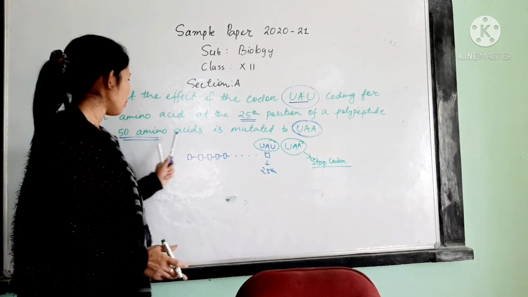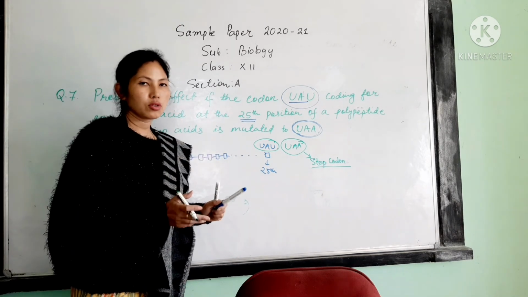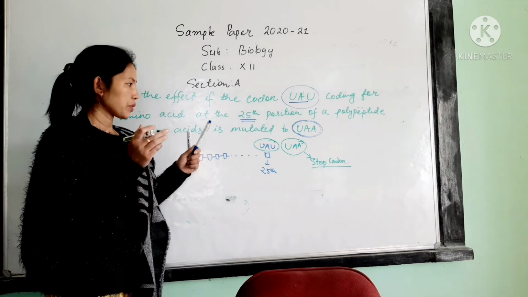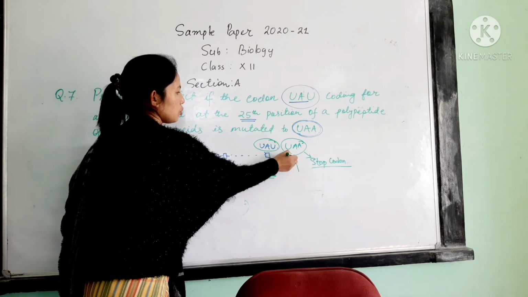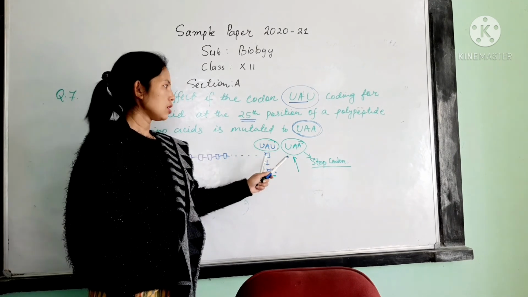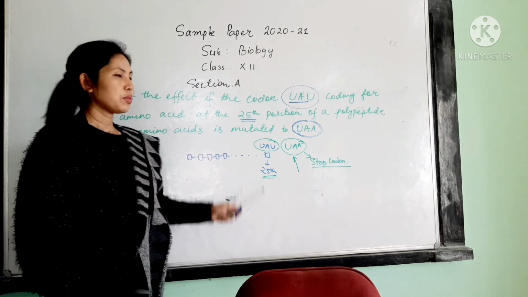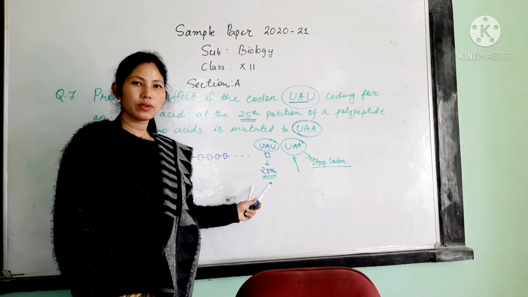So instead of a polypeptide with 50 amino acids, the process of protein synthesis, the polymerization, will be stopped at the 25th position due to this stop codon, that is UAA, right? In this way, the process of translation will be stopped at the 25th position.